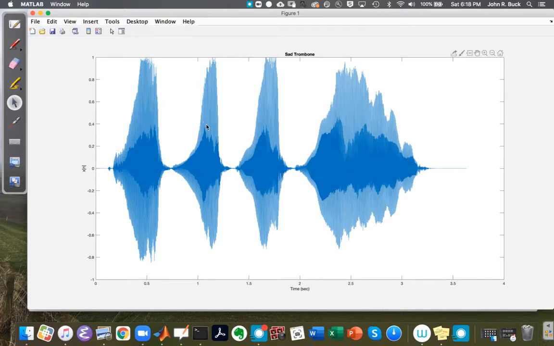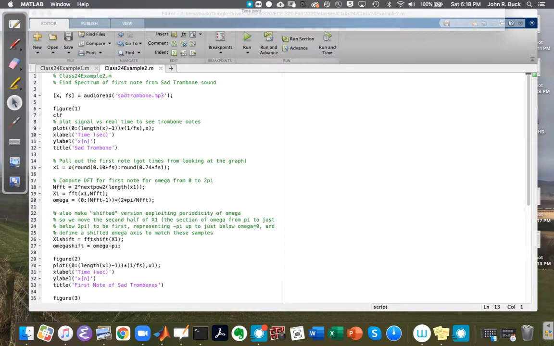But these are just the time envelopes. You can tell the last note is longer than the others and that they happen at a regular interval, but you don't really see the frequencies in these. If we zoomed way in, we might see something about the periods, but the signal is sampled very fast, so we'd have to zoom way in to see those. Instead, first let me show you the first note that I pulled out.